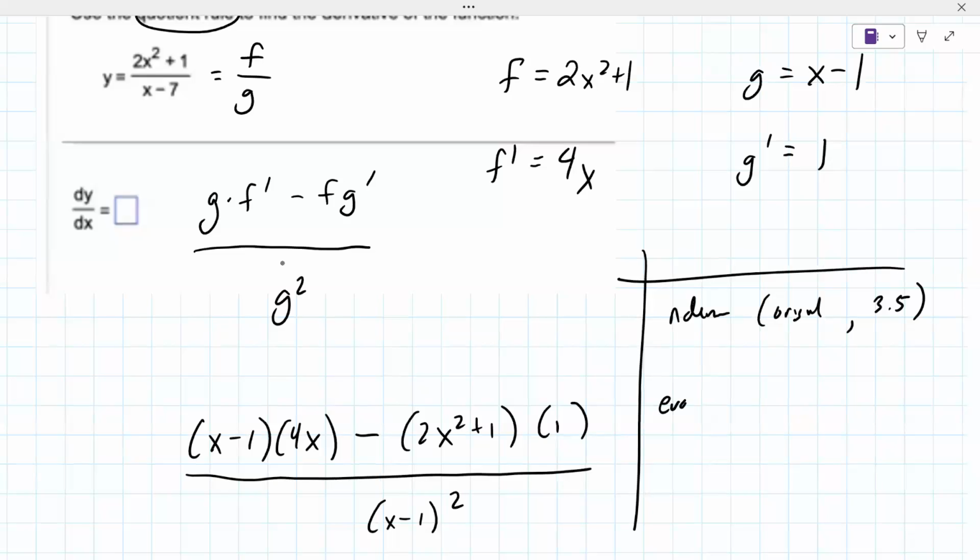And then you evaluate each derivative in the multiple choice at that x value, and one will match. So if you did nDeriv of 2x squared plus 1 over x minus 7, you'll get some really, really bad number. But then you could evaluate each derivative at that same number in the multiple choice, and one of them will be a perfect match.